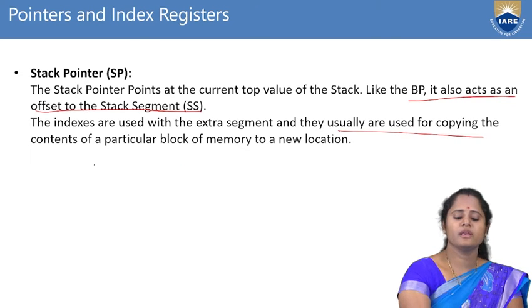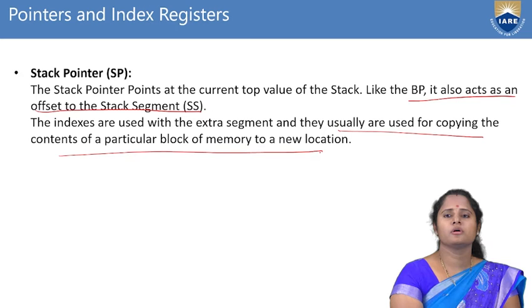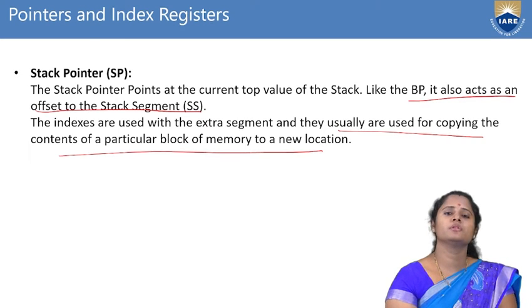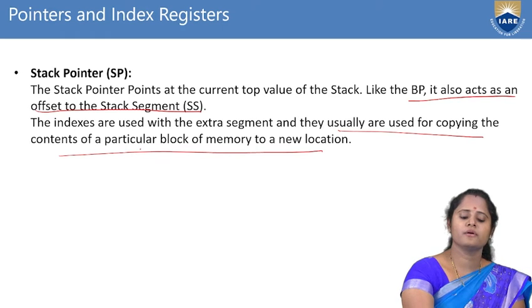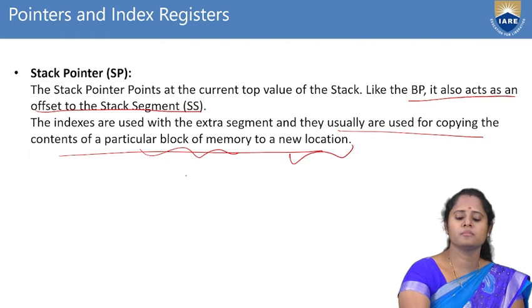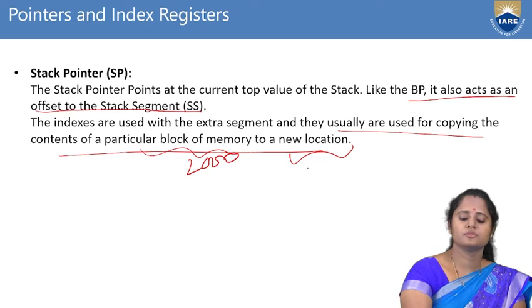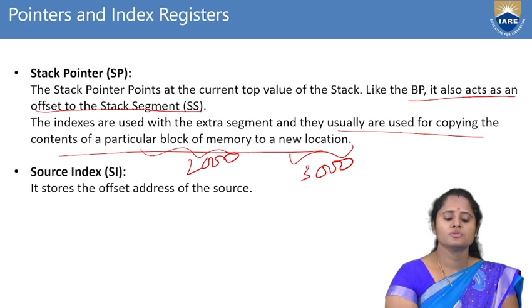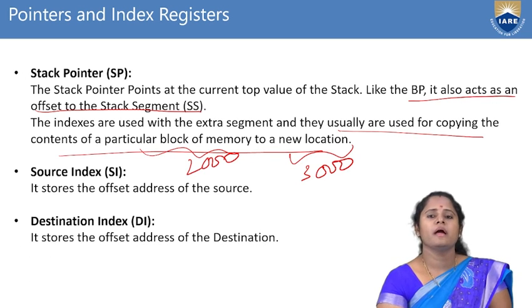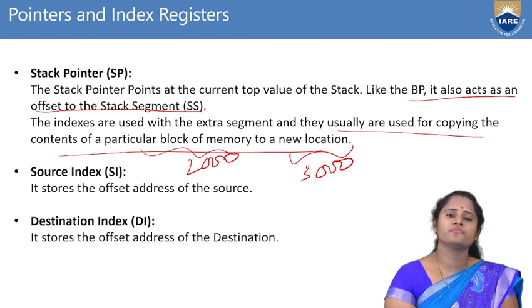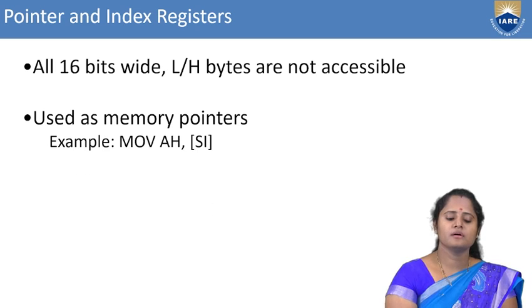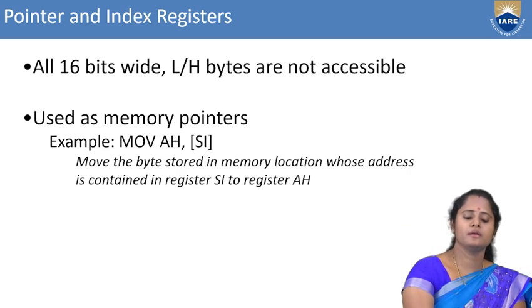Usually whenever you go for copying a block of memory from one location to another, like sending your data from 2002 to 3000, the source index stores the offset address of the source segment, and the destination index stores the offset of the destination.